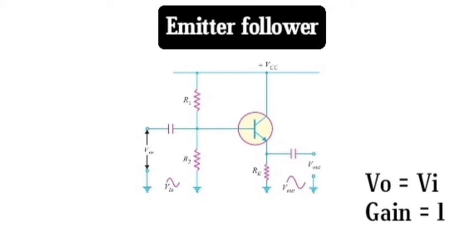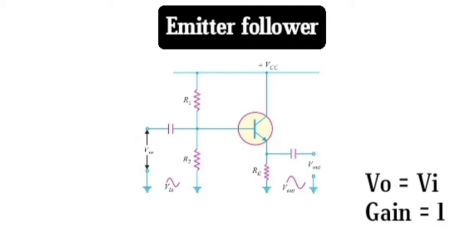The input is equal to VBE plus VE, the total voltage drop between base and ground. As VBE is very small, we can neglect it, and the total input is equal to the voltage drop across the emitter, that is the output. That is, V0, the output, is equal to VI, the input. So the gain is V out by V in, nothing but unity, that is 1.